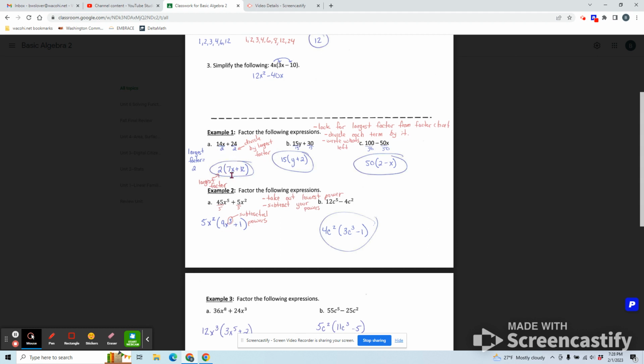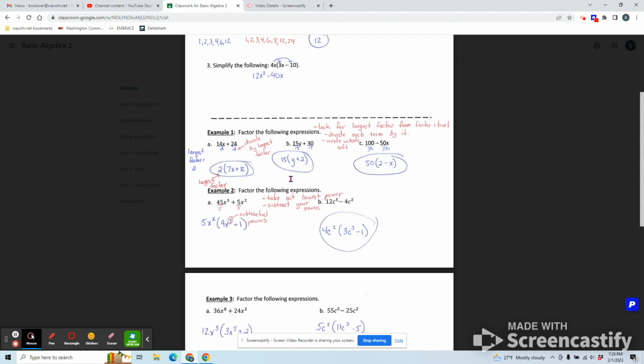It's going inside the parentheses. 24 divided by 2 is 12. It's going inside the parentheses. I had a plus sign, so I put a plus sign. What I circled is my answer. What's on the outside is the greatest common factor. What's on the inside I get when I divide my original problem by the greatest common factor.